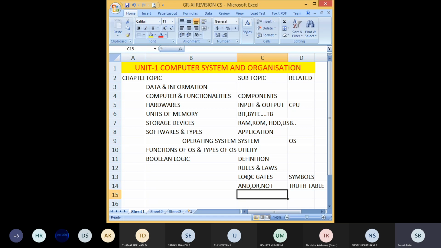Then the derived gates, a combination of AND and NOT, will produce the NAND gate and NOR gate. These are called universal gates. Then extra you have the XOR gate and XNOR gate. These are other types of logic gates. You should know all the logic gates and their symbols as well as truth tables.